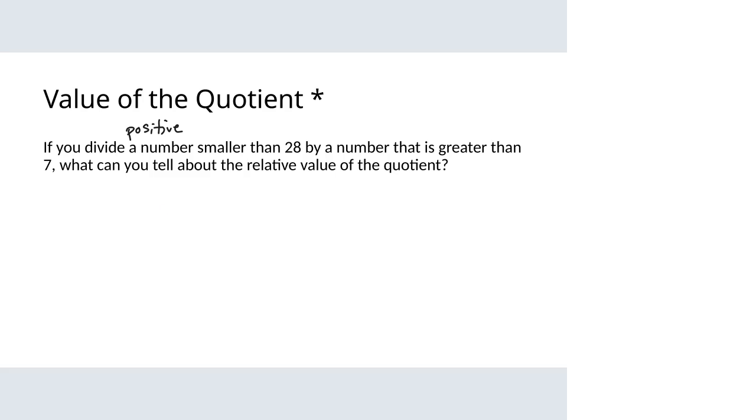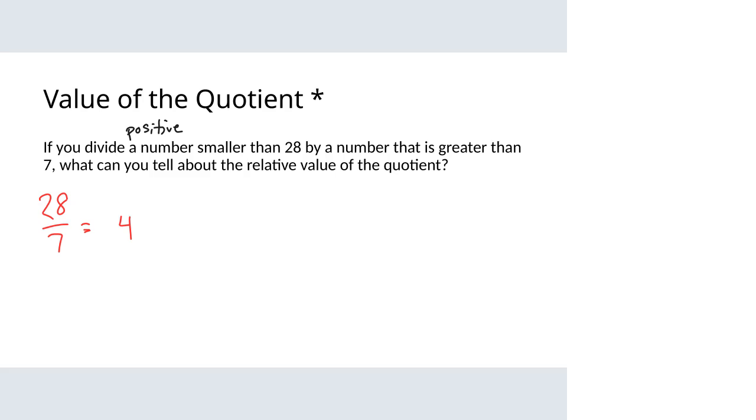So the first thing we want to do when we see a problem like this is establish our baseline. If you divide a number smaller than 28 by a number greater than 7, what can you tell about the relative value of the quotient? So the first thing I want to do to establish my baseline is do 28 divided by 7 and I get 4.